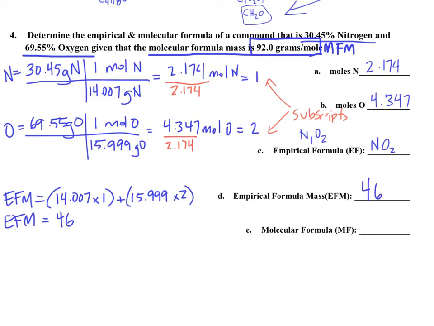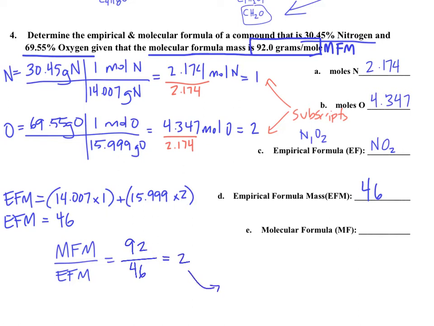Okay, formula mass. Now I want to find the molecular formula. So to find the molecular formula, you take the molecular formula mass and divide it by the empirical formula mass, which is the molecular formula mass was given to me up here, which is 92. So 92 divided by 46, my empirical formula mass, gives me 2. This is my multiplier.